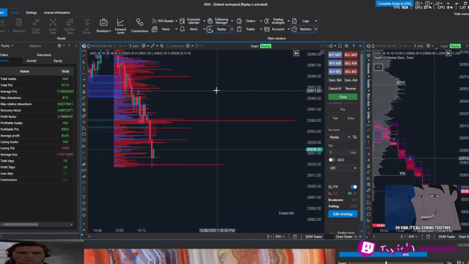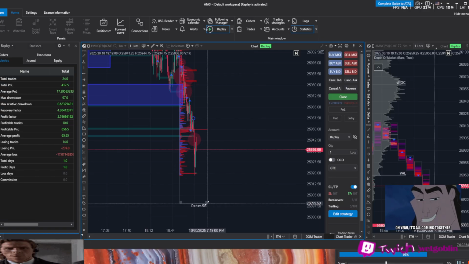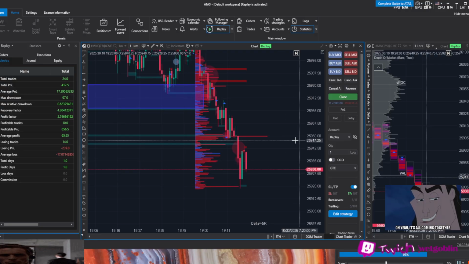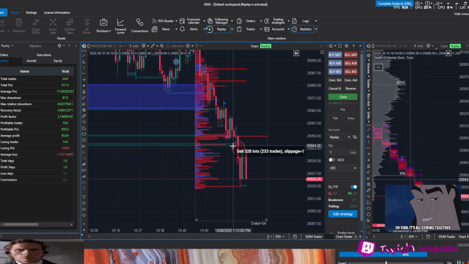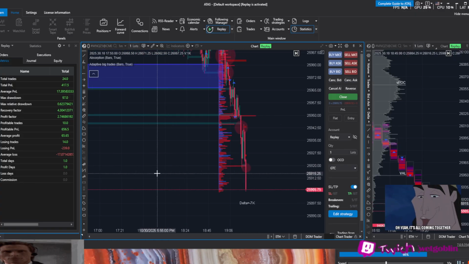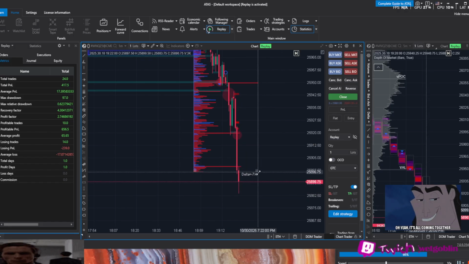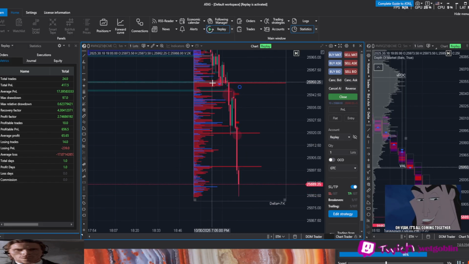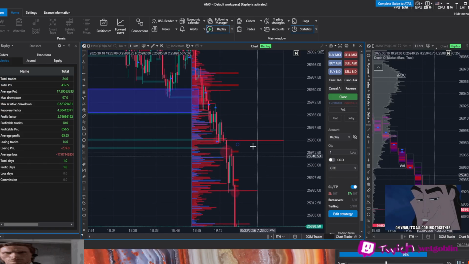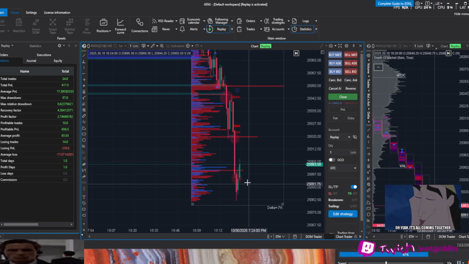Let's move this to here. Still getting used to moving around, so this is a little wonky. Now, this looks like a decent bid. It's stacked, but you've seen how many times they've run through these huge bids, and now you're just trying to catch a knife.